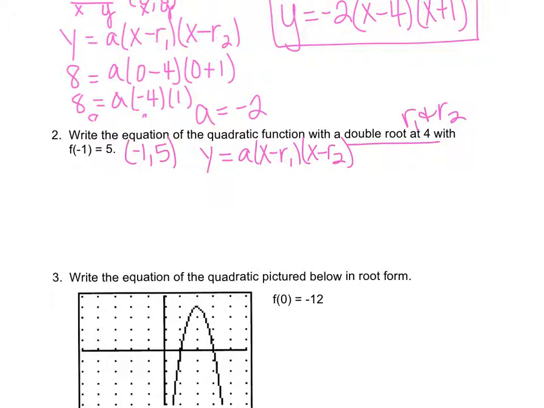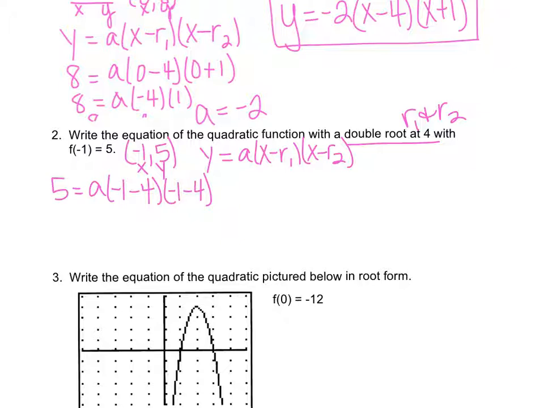We're going to plug everything in and find a because we're not going to know what a is. So plugging in, I know y is 5 equals a. X is -1 minus R1, which is 4. And then x is -1 minus R2, which is also 4.